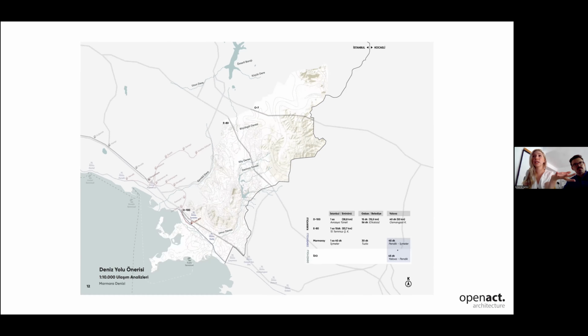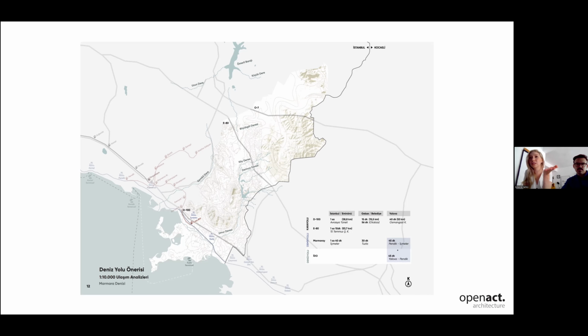Here again, you are seeing another layer, which is the transportation layer. Actually, seeing the transportation layer, it made much more sense. As you can see, in the very lower part, the Marmara and also the E5 Deyüz is passing through, kind of separating the peninsula part of Tuzla from the northern part of it.